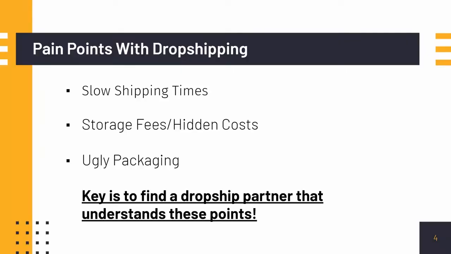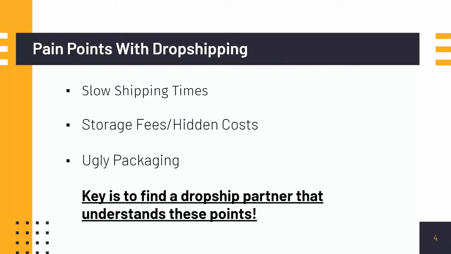But on the flip side, you see a lot of dropship providers that don't have fast processing times or have really slow, untrackable shipping, which is just not acceptable anymore with Shopify. Really never was. Then there are storage fees and hidden costs. Some dropship suppliers will actually charge you to hold the product.